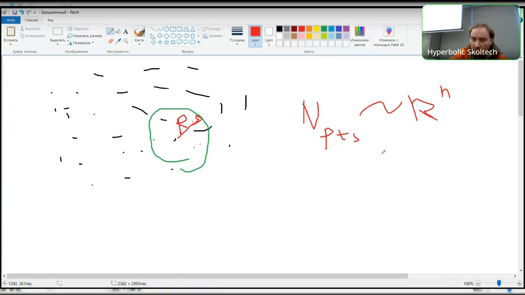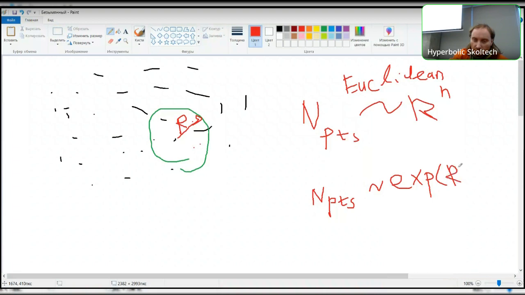And for hyperbolic geometry, this will be much larger. This is proportional to some exponent of r, probably with a coefficient, let's say k. Actually, this coefficient equals the dimension, but never mind.